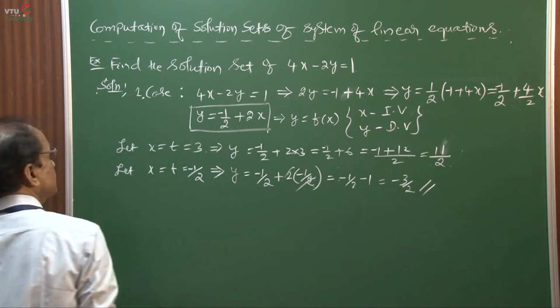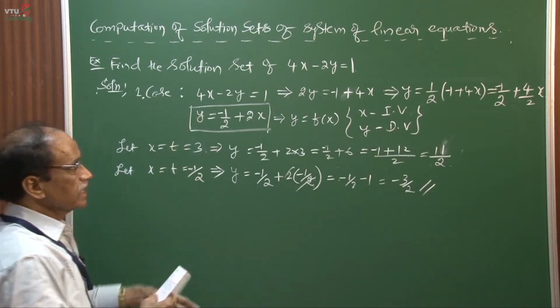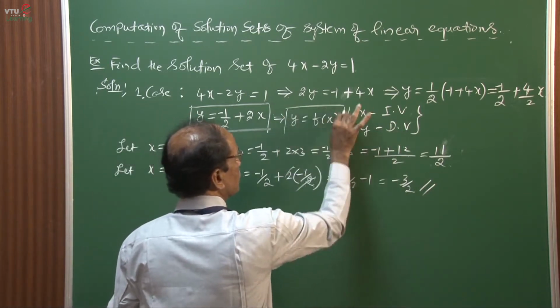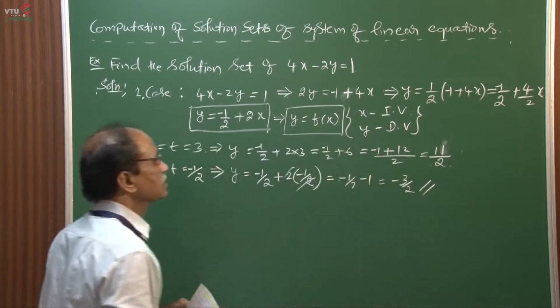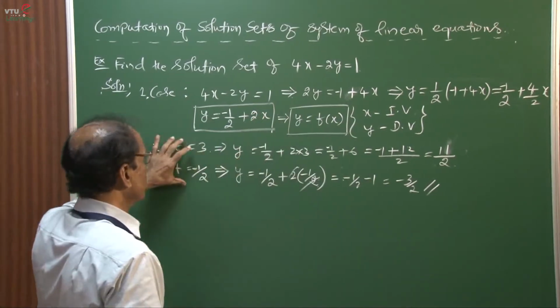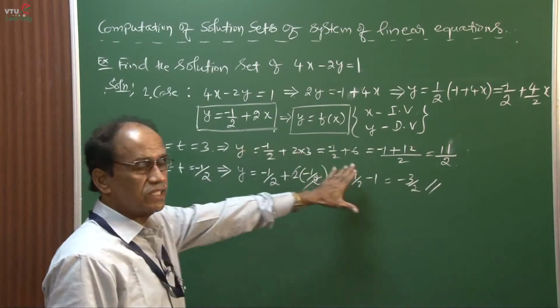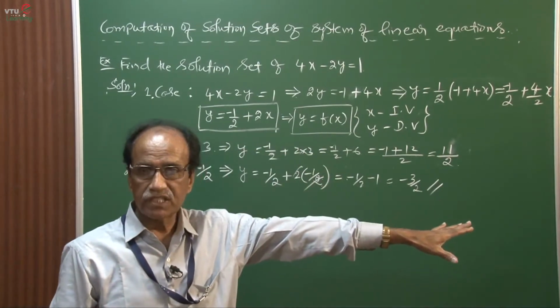This is the answer for the functional relation y is equal to f of x. Two values you are going to assign, even any two other numbers also you can introduce.